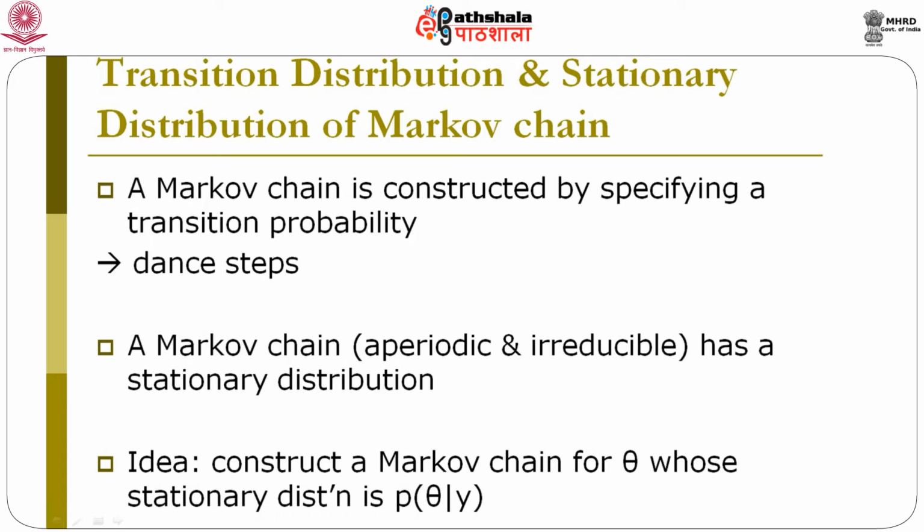In the first stage, when you go for specifying the transition probability, the dancing steps occur, up and down, back and forth. Ultimately the dancing steps occur, and then this Markov chain, which must ensure aperiodicity and irreducibility, has a stationary distribution.